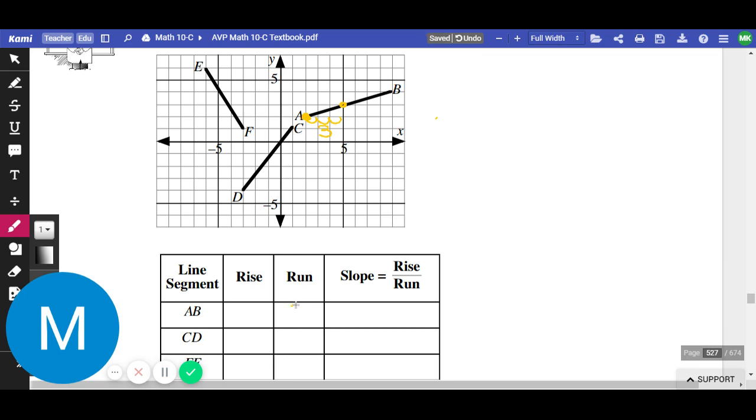So run 3. Then I count how many up I have to go. In this case, 1 up. That's our rise. Because we went up, it's a positive. If it had been down, it would have been a negative. Your slope is rise divided by run, 1 divided by 3.